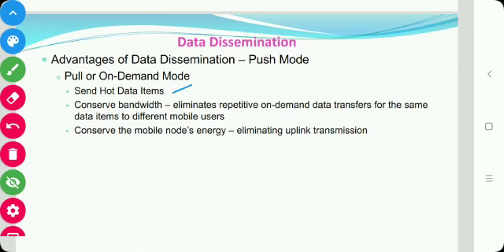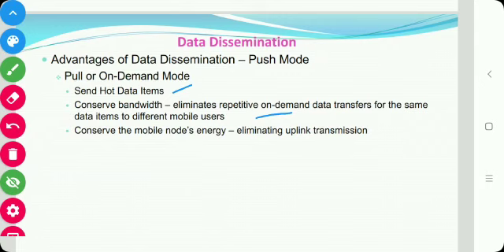Second, it conserves the bandwidth and eliminates the repetitive on demand data transfer of the same data items to different mobile nodes. Push mode is highly scalable because the same amount of bandwidth is consumed irrespective of how many mobile nodes are accessing that data.